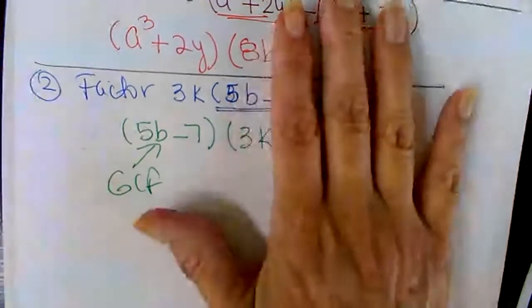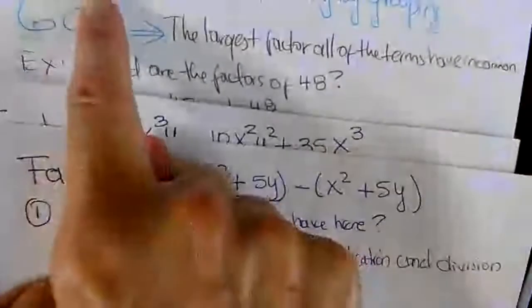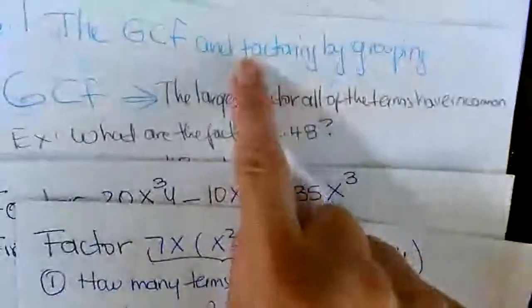Now, are we fine with this? Okay. Now, we're going to be doing factoring by grouping. All right. So when we started, we said that we were going to do 6.1, which is the greatest common factor, and factoring by grouping. So we're doing factoring by grouping right now.